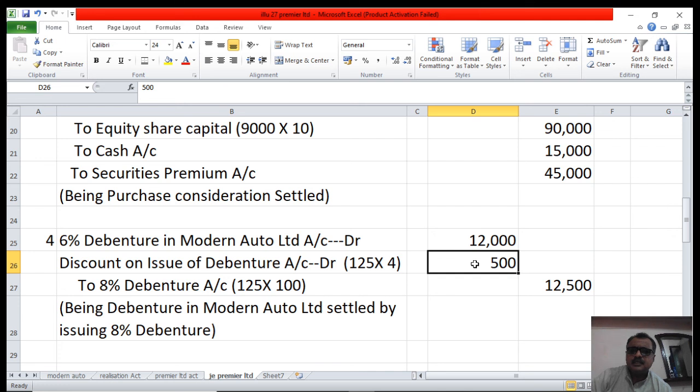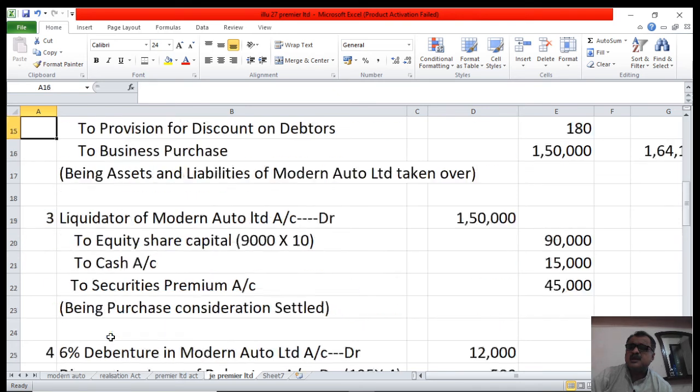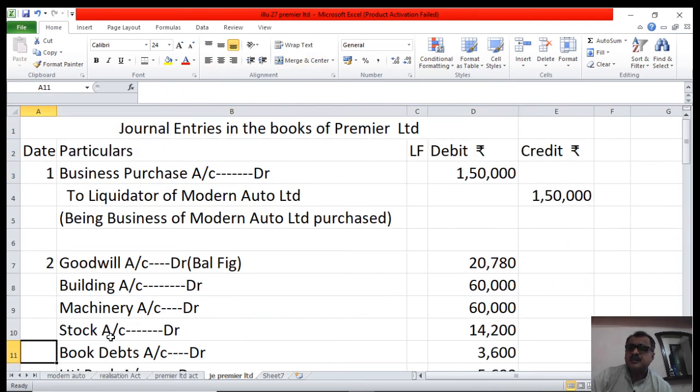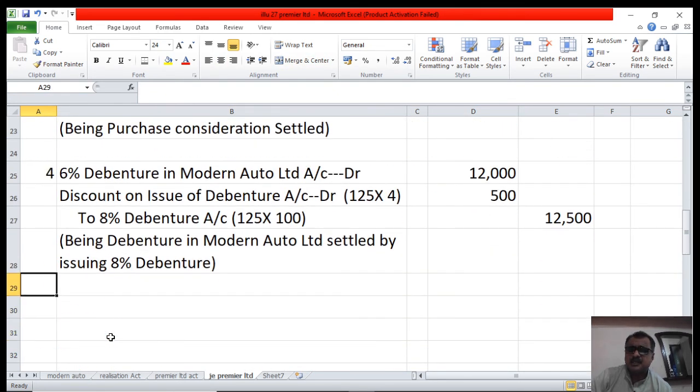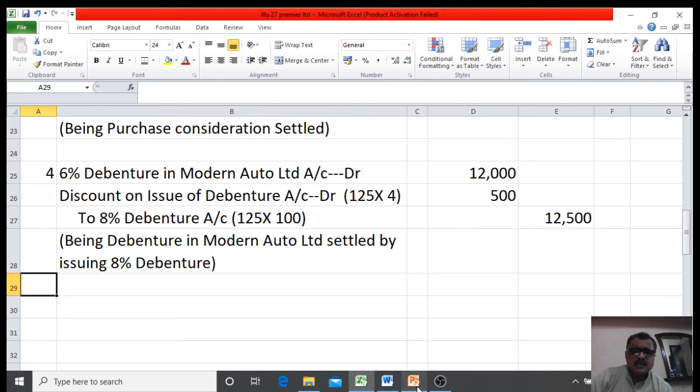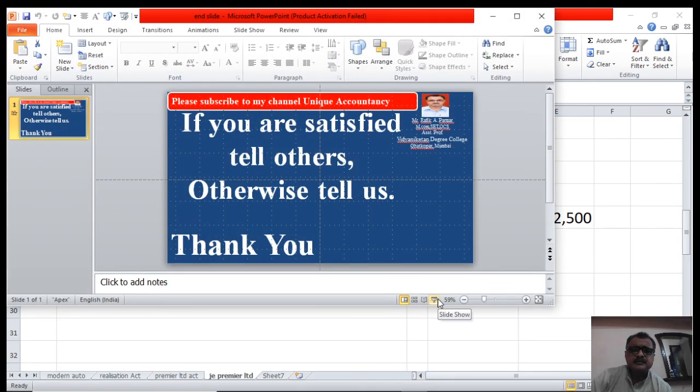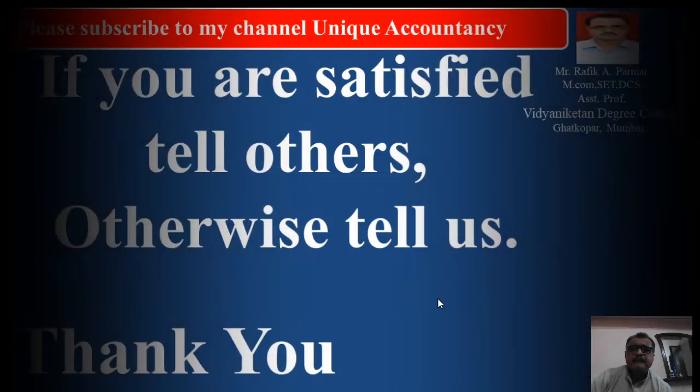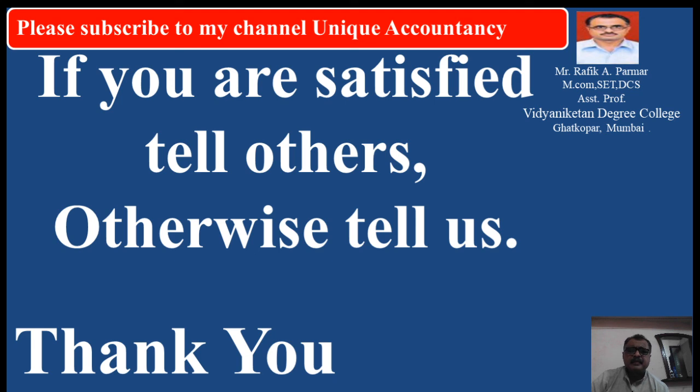Being 6% debentures in Modern Auto Limited settled by issuing 8% debentures. This way we have passed the journal entries in the books of the purchasing company. So this sum is completed.